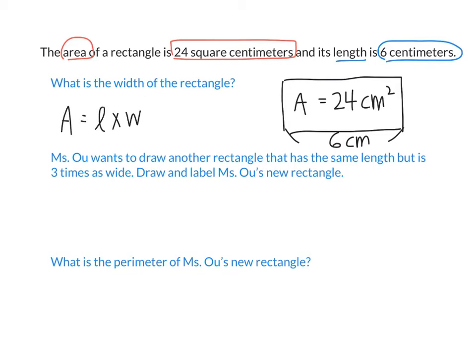Right now we don't know what the width is, but we do know that the length is 6 centimeters and the area is 24 square centimeters. So that means that 6 times something will equal 24. Because I know my math facts, I know that 6 times 4 equals 24. So that tells me that the width must be 4 centimeters.